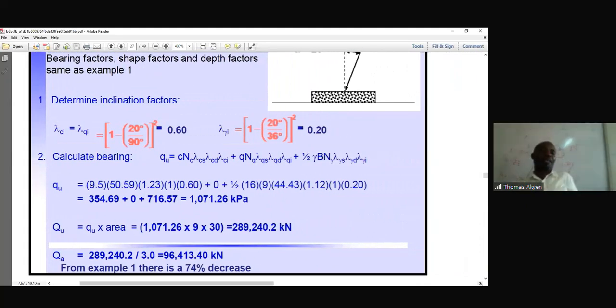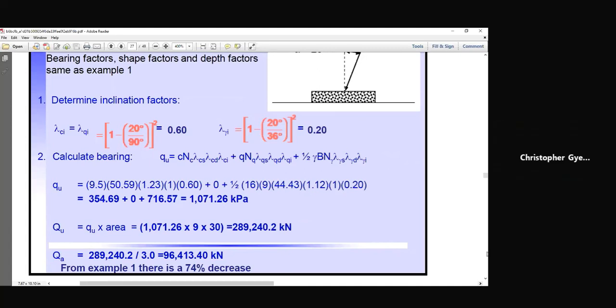After we determine the inclination factors, we begin to find lambda CI, which equals lambda QI. That will give us this equation and this value. Then we come to find lambda I, which will also give us this.